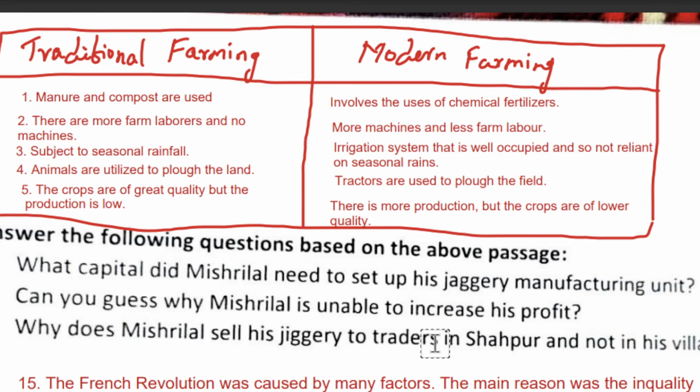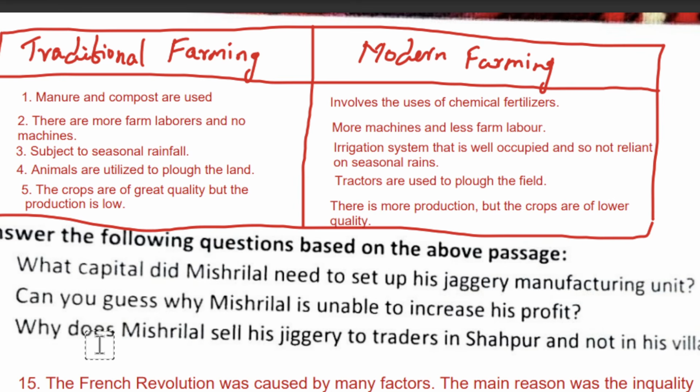But if you get a good quality of jaggery, at that time in the market we can sell it for more price. So why did Mishal sell his jaggery to a trader in Shahpur, not in his village? He is not selling in the village because in a village there are only a small number of people, but he goes to a town like Shahpur.